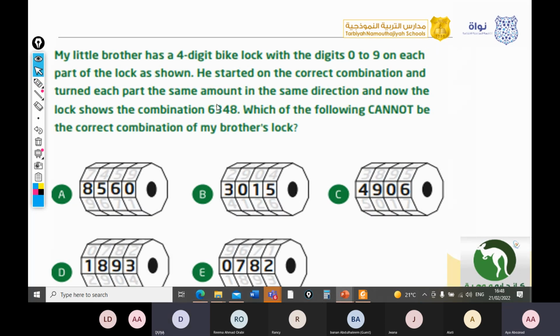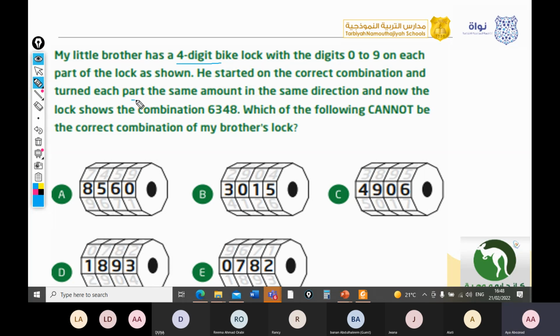Now, this question. Read the questions carefully and you can find the answer. My little brother has a 4-digit bike lock with the digits from 0 to 9 on each part of the lock as shown. He started on the correct combination and turned each part the same amount in the same direction.